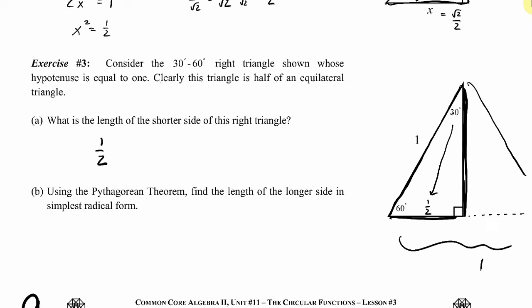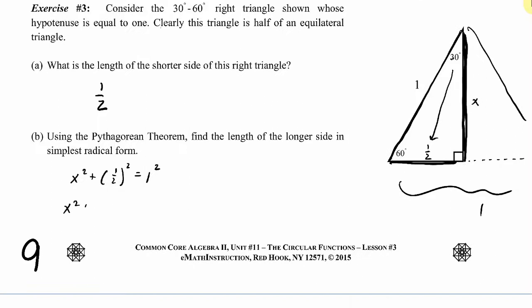So I'm going to call that x here, and let's set up Pythagorean's theorem. x squared plus 1/2 squared equals hypotenuse squared. x squared plus, squaring this, we get 1 over 4 equals 1. Subtract a quarter. 1 minus a quarter is 3/4.